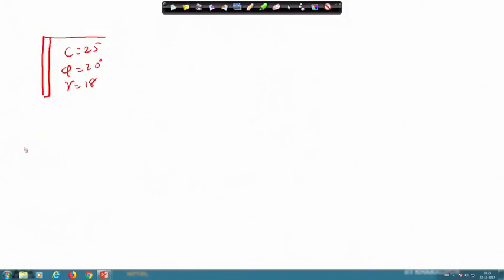Since we are going to apply the passive case, I have to find Kp equal to 1 plus sin phi by 1 minus sin phi. So, it will be 1 plus sin 20 divided by 1 minus sin 20, and the value will be 2.04.